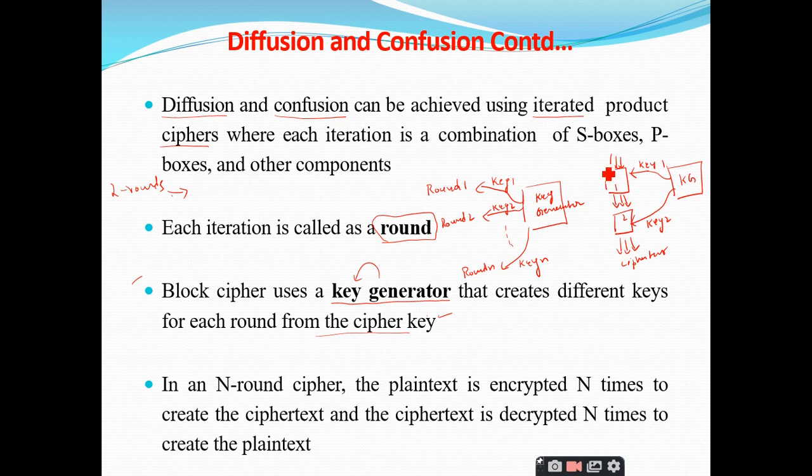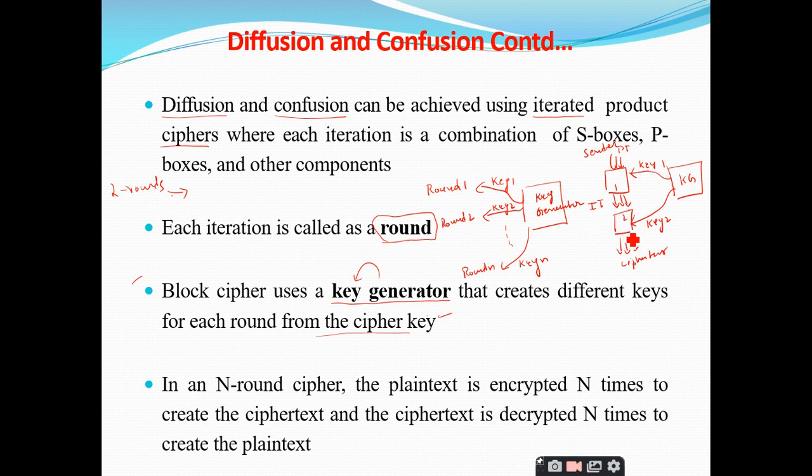So if this is the sender side, I take the plain text, pass it to the unit, and give the key from the key generator, and I will get an intermediate ciphertext. This is called intermediate text, you can call it IT.